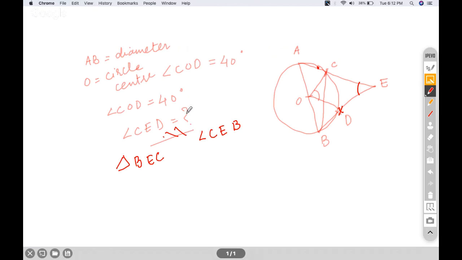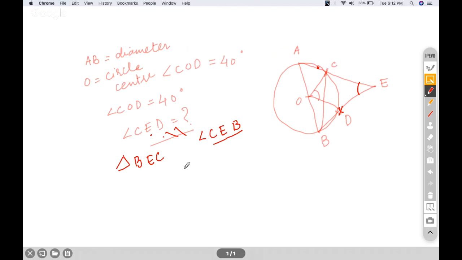So there would not be any problem in renaming this angle as angle CEB. Now angle CEB is part of triangle BEC. So I need to find out the other two angles of triangle BCE.